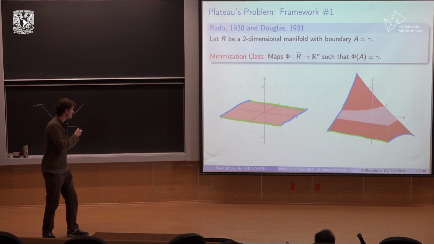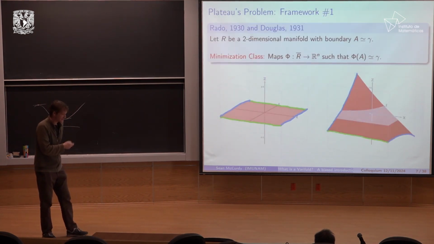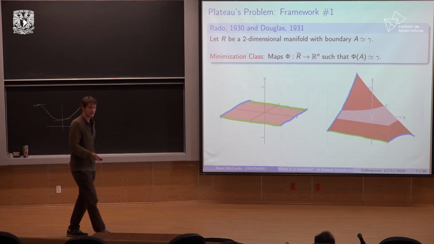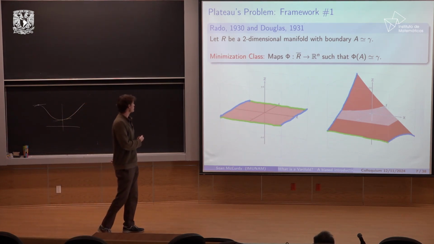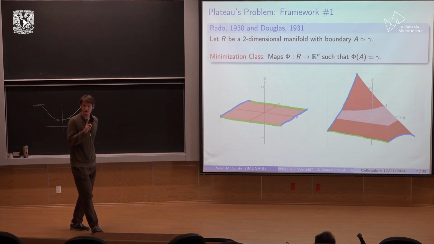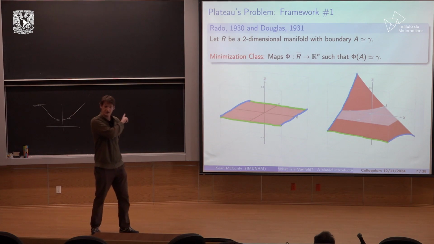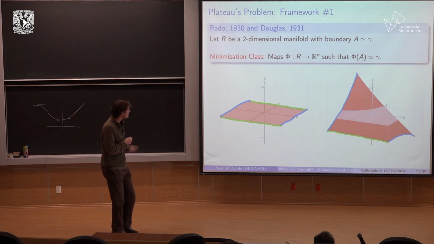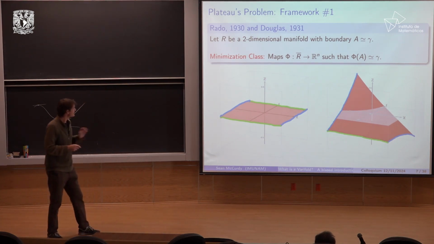Okay. So, the Plateau problem. The first solutions that we have came in the 1930s with the work of Rado and Douglas. Douglas actually won the first Fields Medal for this work. And so we'll follow his format a little bit.